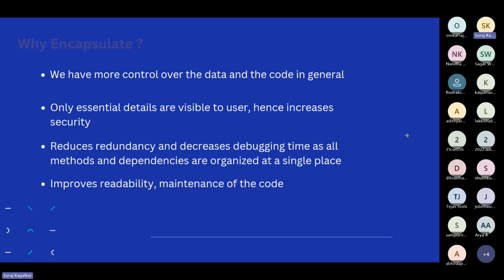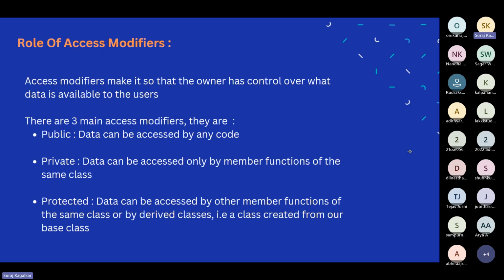Let's look at access modifiers. Access modifiers make it so that we control what is visible to the user. I think we have covered access modifiers in the previous sessions, but we'll look at it again. The public access modifier makes it accessible by any code where that class is used.